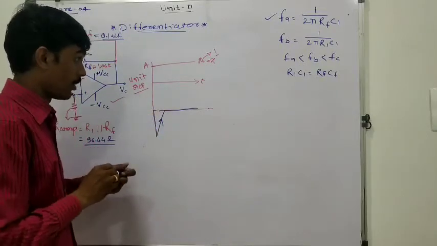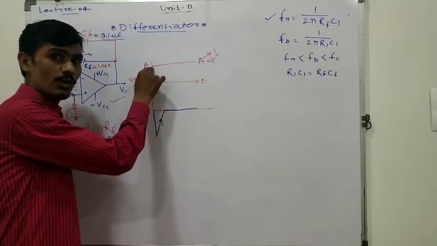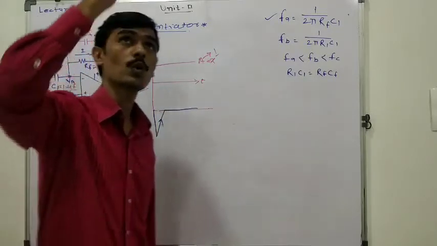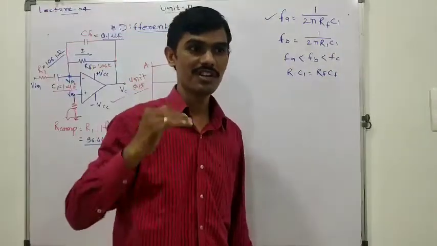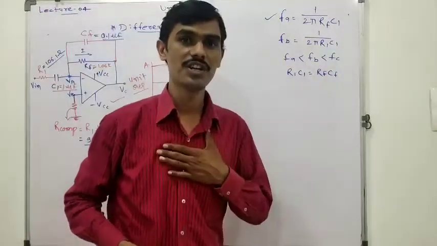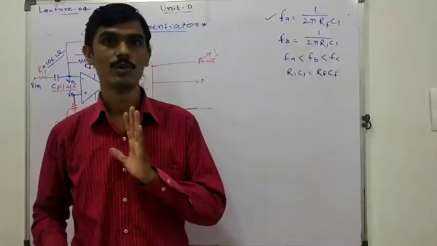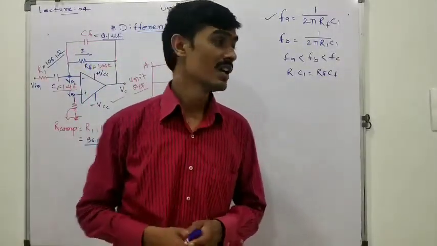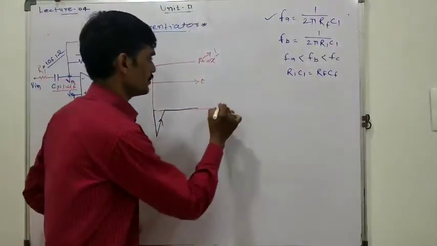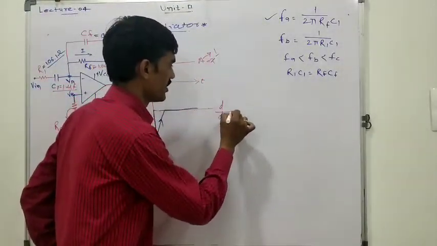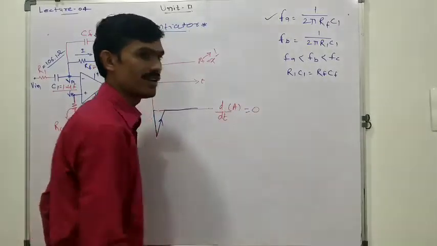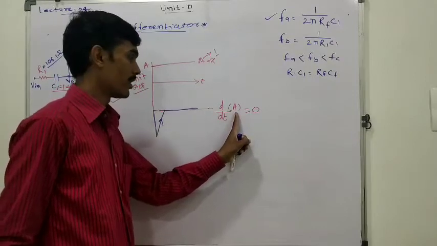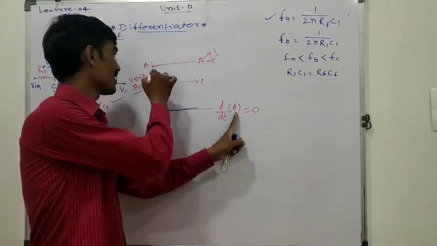Why? Because at t equal to 0, it takes some time to reach the amplitude A from 0. We know that the differentiation of any constant value is 0. But to reach that value it takes some finite time.